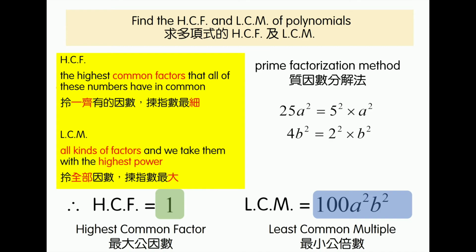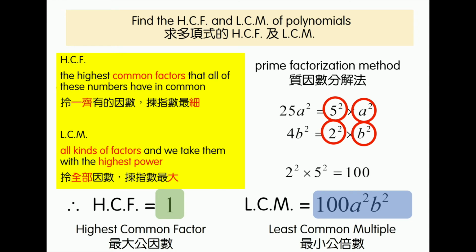HCF is all the common factors. Since there are none at all, it is 1. And LCM is taking all kinds of factors and taking the highest power, meaning we need to take all 4 of these factors. 2 squared times 5 squared is indeed 100, so therefore we really have the same answer.